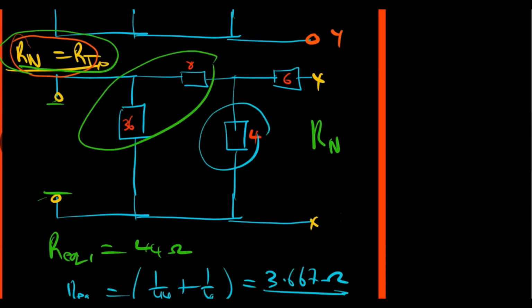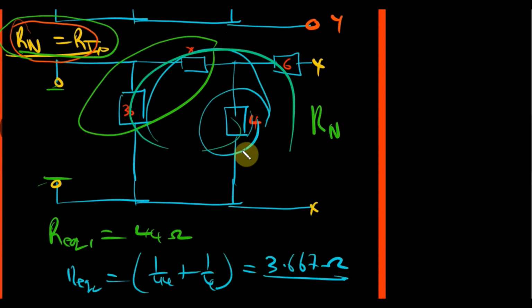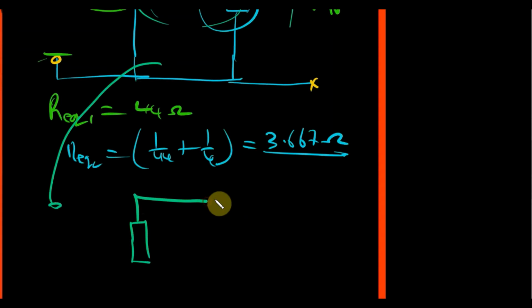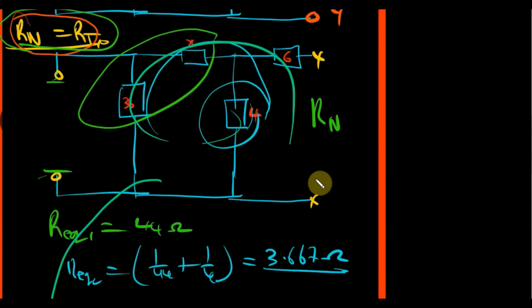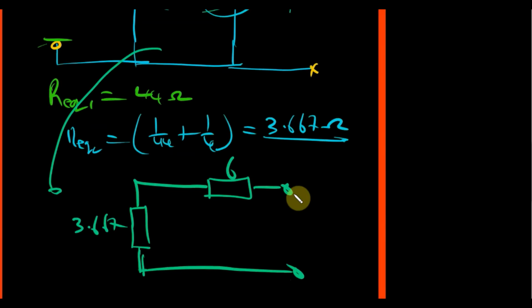So with that done, we can redraw the new circuit. It will look like this. It will have a single resistor connected in series with the 6 ohm resistor.